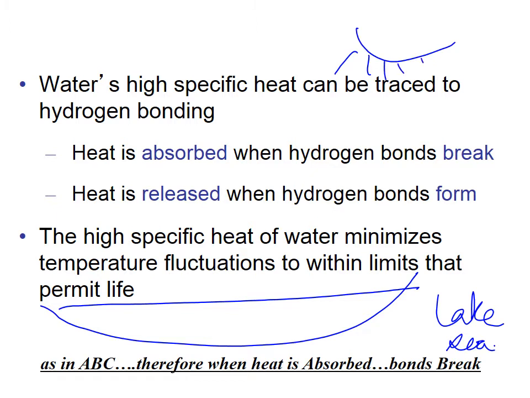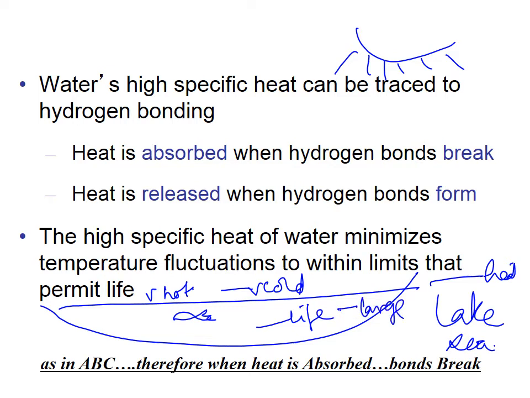The sun falling onto it can heat up the land. If it heated up the land and water to the same extent, it would get very hot in the day and very cold at night. So the fishes and all the life present in it would have to experience a large variation, which is not really helpful in sustaining life.